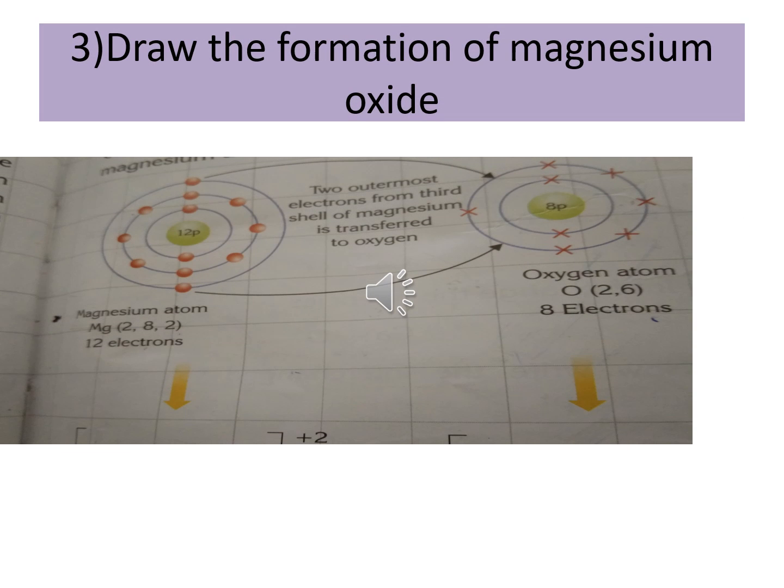Okay, children. Now the third question, draw the formation of magnesium oxide. You put the magnesium atom and also oxygen atom, mark the electrons.